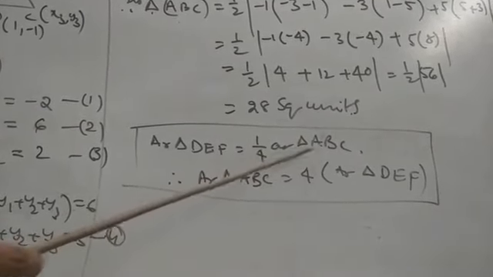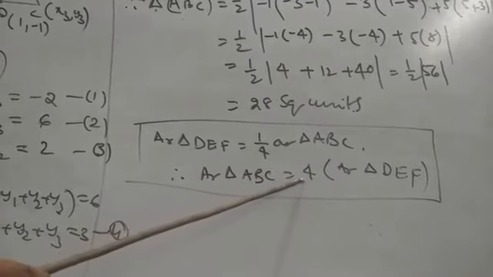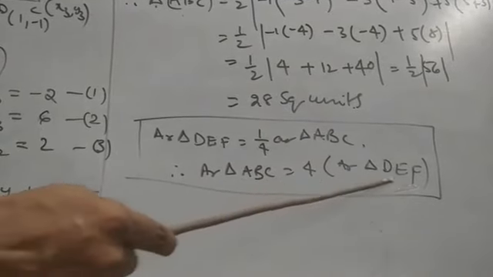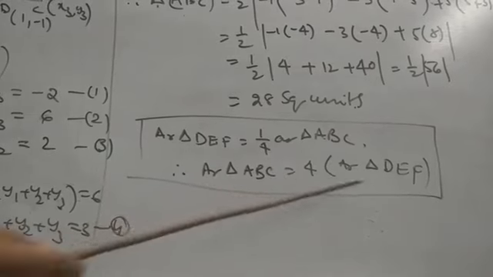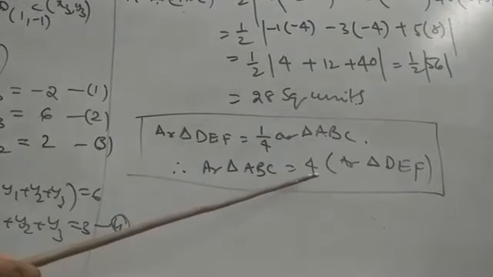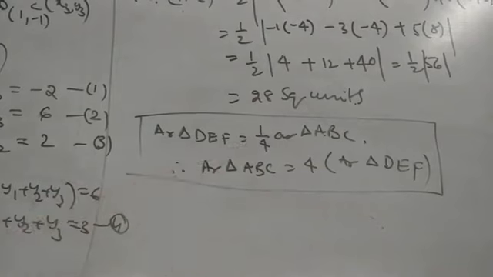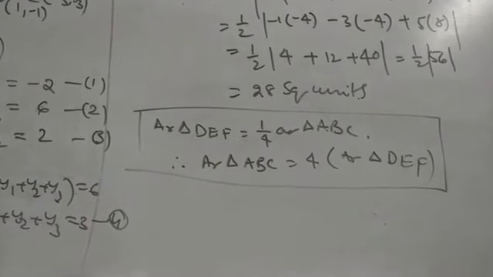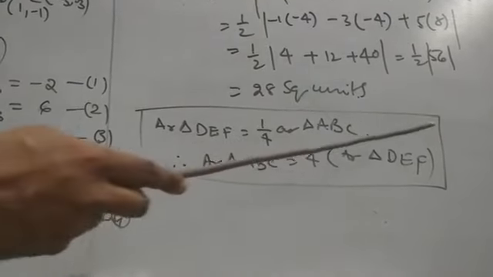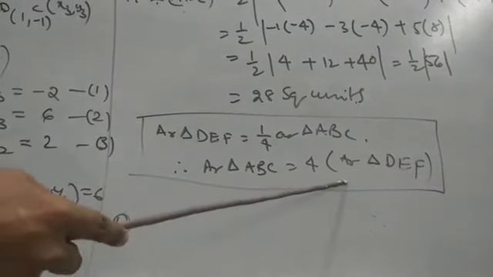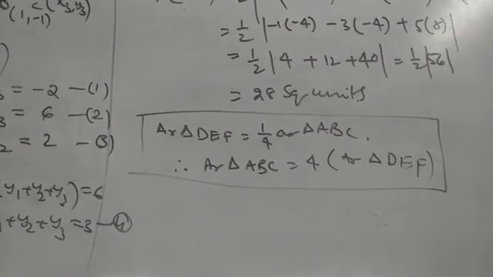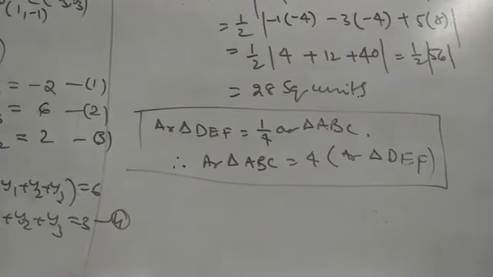From this we can say area of triangle ABC is equal to 4 times area of triangle DEF. So if you find the area of triangle DEF and multiply with 4, we can get area of triangle ABC. If you have a doubt, you can check by finding the area of triangle DEF, multiplying with 4 and verifying whether it is equal to 28 square units or not.